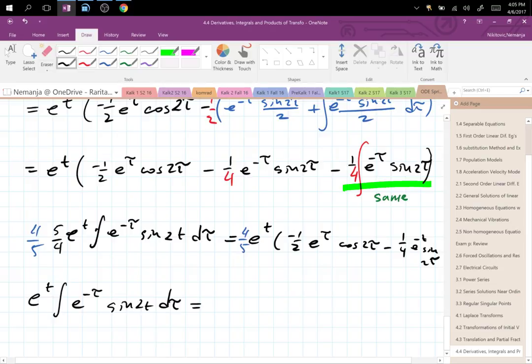Five quarters, so 4/5, so that's going to be 2/5. So e to the t and then a negative 2/5 e to the tau cosine 2 tau minus 1/5 e to the negative tau sine 2 tau.